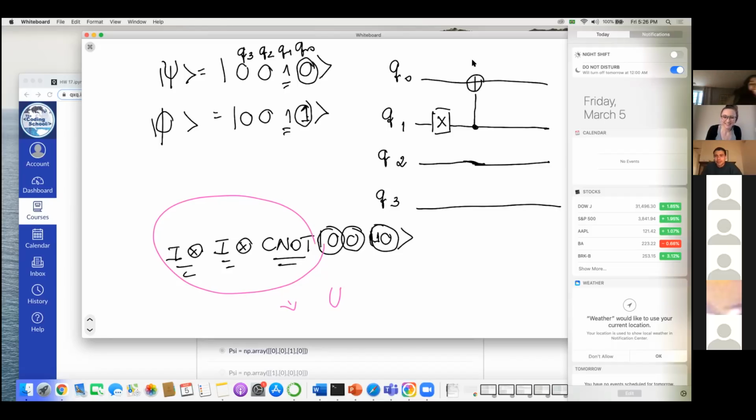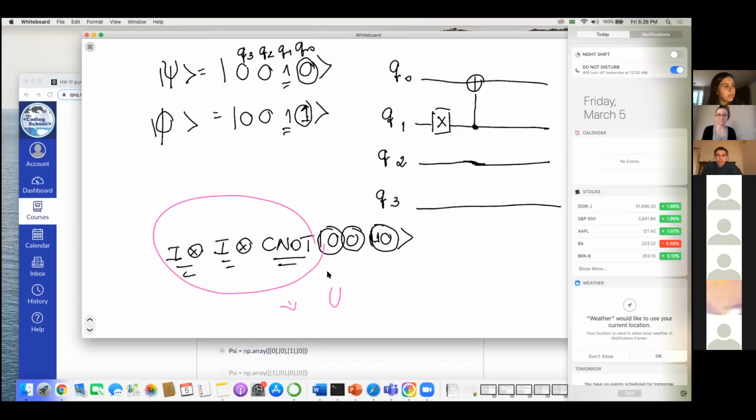Can I still ask some questions here? Of course. What's the purpose of this tensor product with the identity in front of the CNOT? Why don't you just write a CNOT directly? Because if I just apply a C naught, I don't know where I'm applying it.